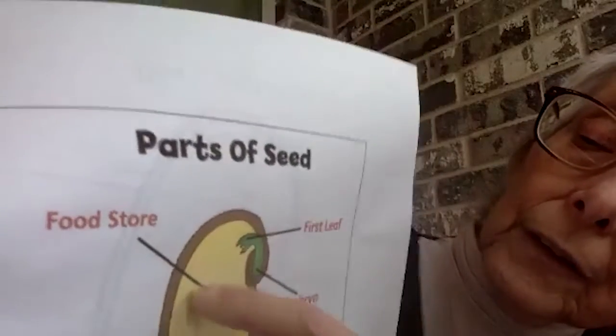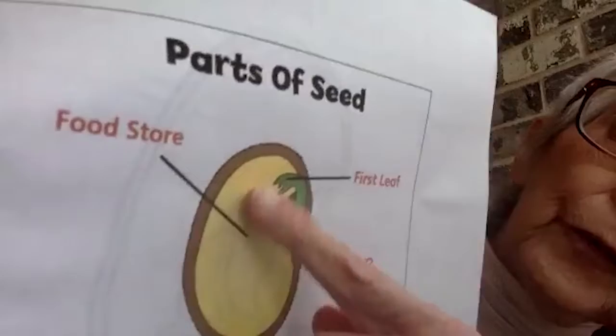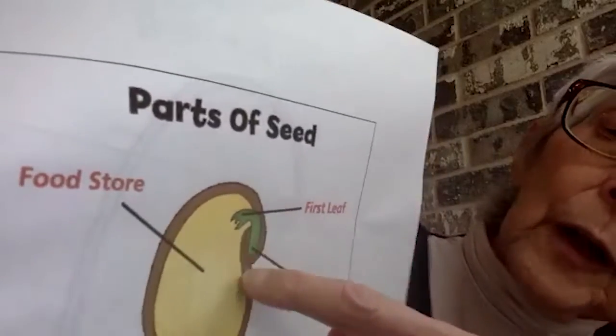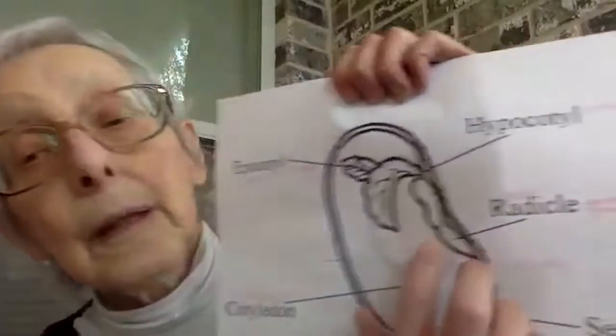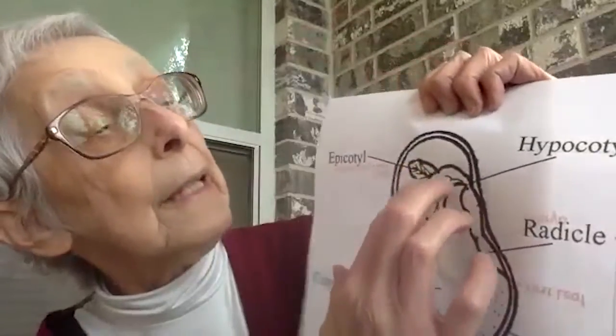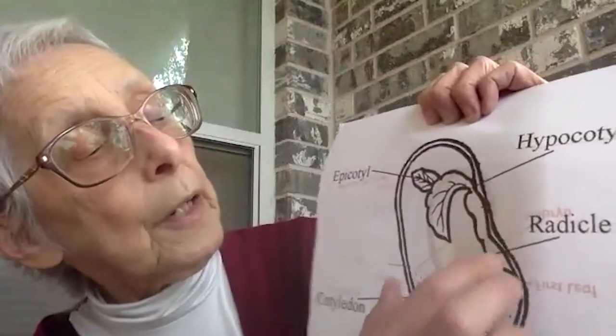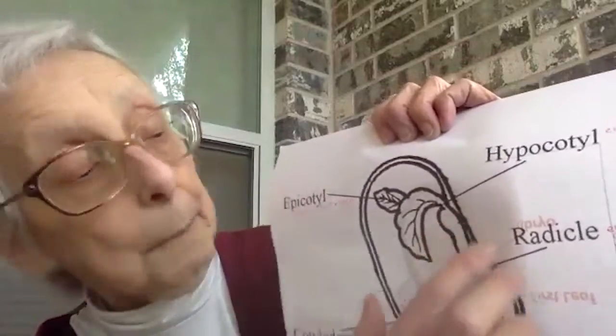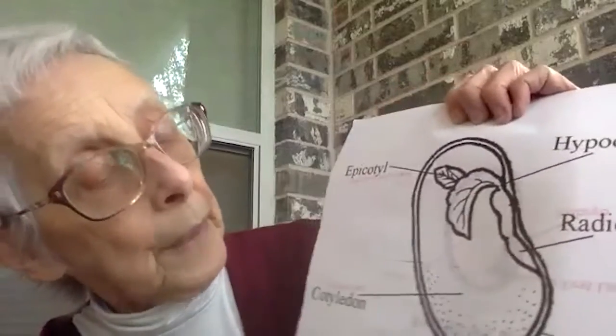The seed coat, the inside where the food is stored, and that's going to be your first leaf and the sort of embryo. So there's a little baby seed. And if you look at this one, part will become the root, part will become the leaf. And this is where it broke off. That's actually called the hilum right there, where it broke off.